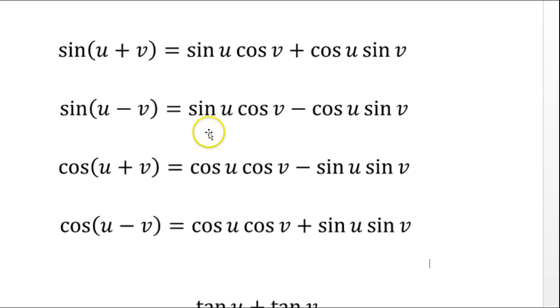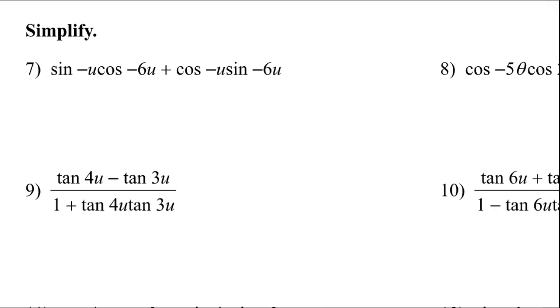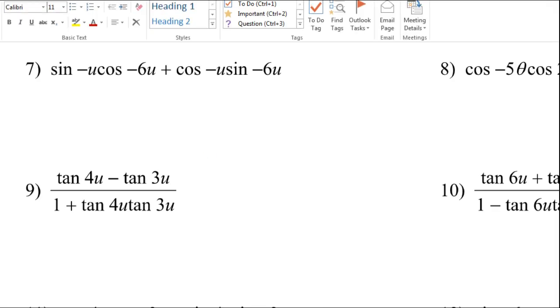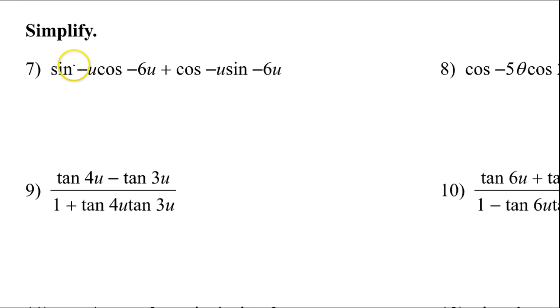So that means we must be talking about this version. So we're just going to be identifying what's the u and the v, because it must be sine of u plus v. So looking back here, the u is really this negative u, and the v is negative 6u.